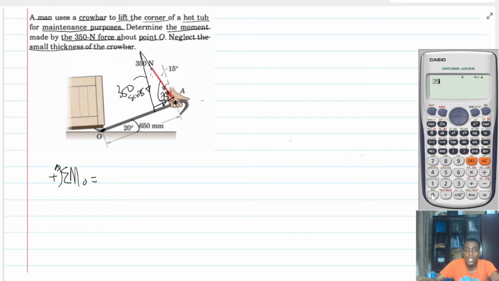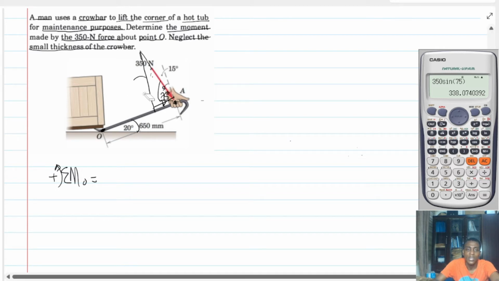So 350 sine 75. And that will be the magnitude here. And so this side is going to be 338.07.